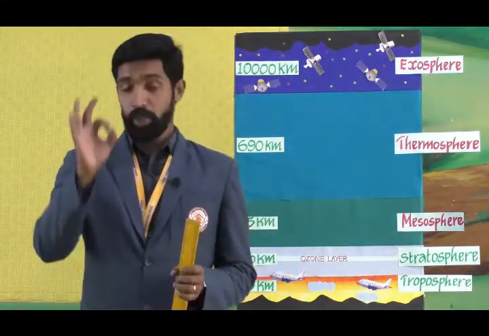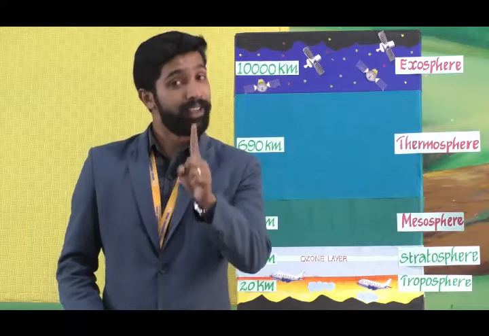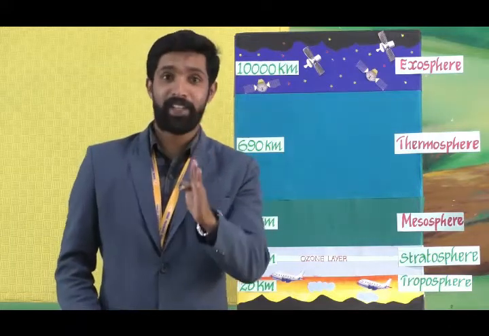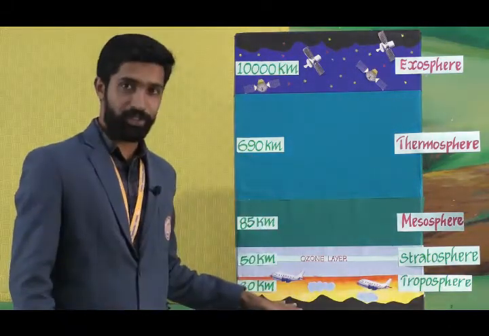The atmosphere extends approximately up to 1600 kilometers above the surface of the earth. The density of the atmosphere is maximum near the earth's surface.